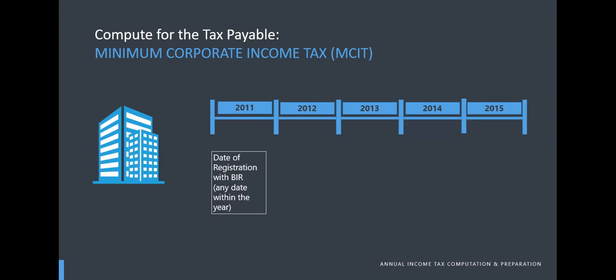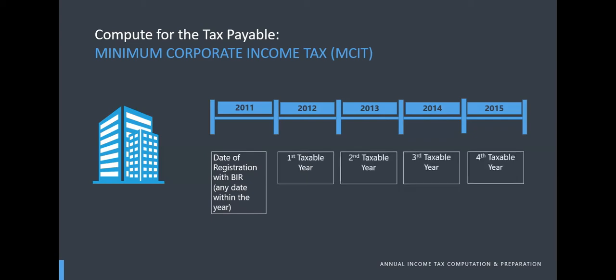So regardless of whether they started or they were issued a certificate of registration, kahit nasa gitna pa yan ng taon, ang count natin, the count of the 4 years is from 2012, 2013, 2014, 2015. In 2015, the domestic corporation and the resident foreign corporation will be subject to the imposition of the MCIT.